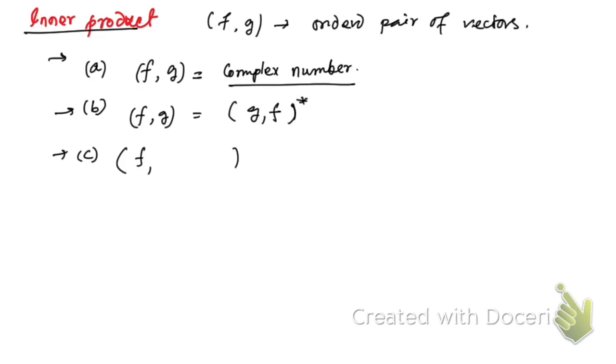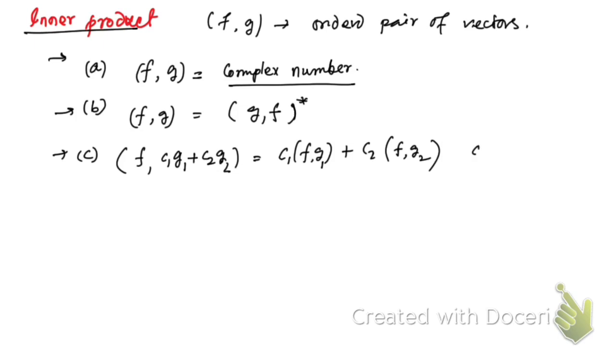If another vector is in the form of a linear combination, suppose C1 is some scalar, C1 into Z1 plus C2 into Z2, then the inner product will be given by C1, and don't change the order, write the F first and Z1, then plus C2, then again F Z2, right?